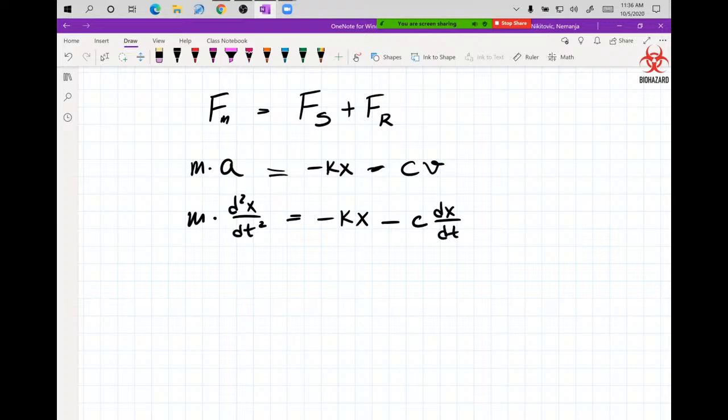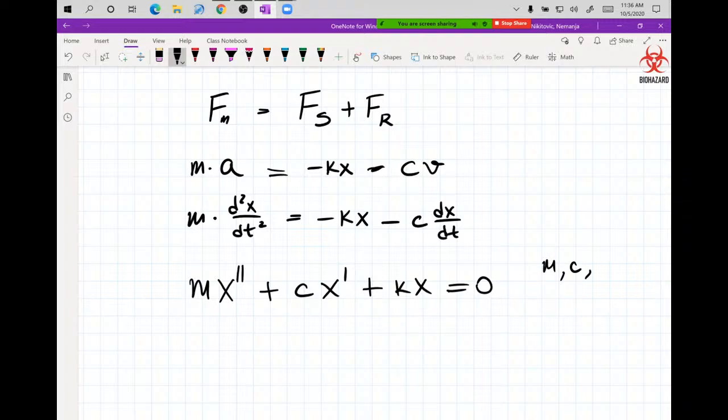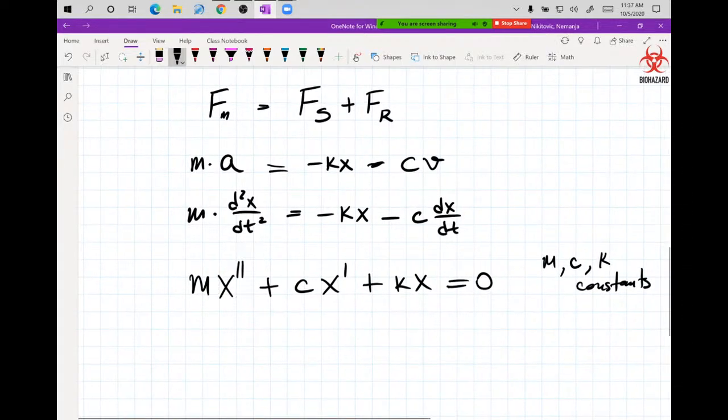And if I put all of this on the same side, we see that we get mx double prime plus cx prime plus kx equal to 0. And since mass is a constant, c is a constant, and k, the spring constant, is constant, we just derived the second order linear constant coefficient equation.